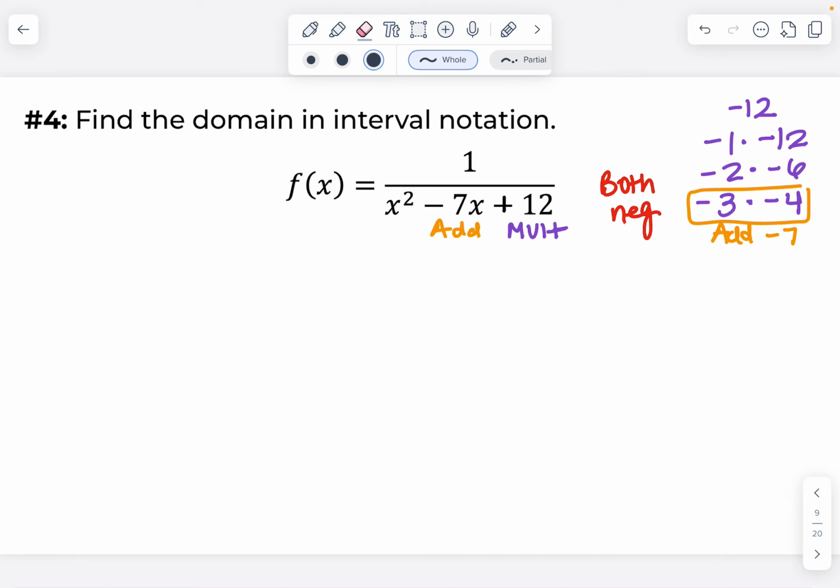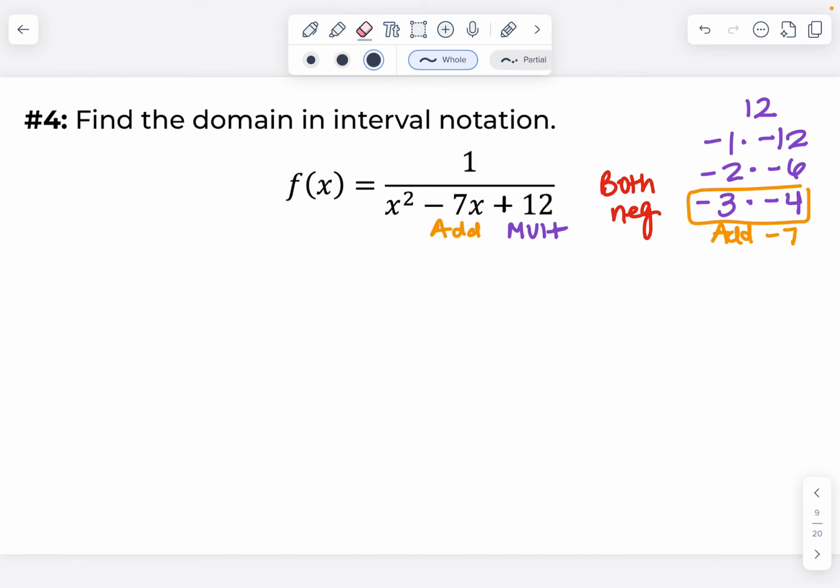So when I go to list out my factors for positive 12, and I didn't mean to write a negative 12 there, we've got -1 times -12, -2 times -6, and then -3 and -4 is my list of factors that multiply to give me a positive 12. From that list, I've got -3 plus -4 is going to add to -7. So those are my factors that I can then use.